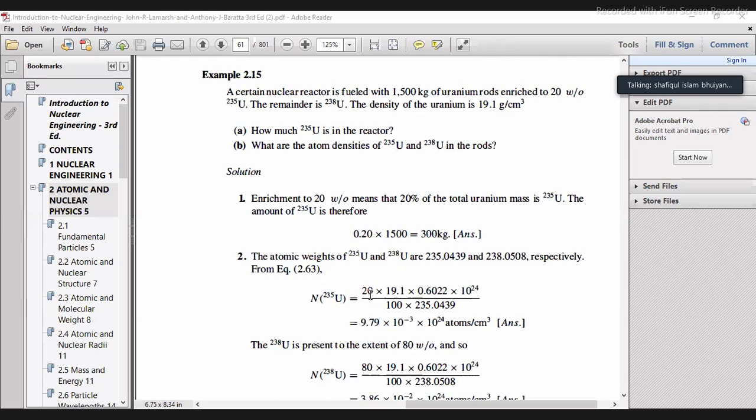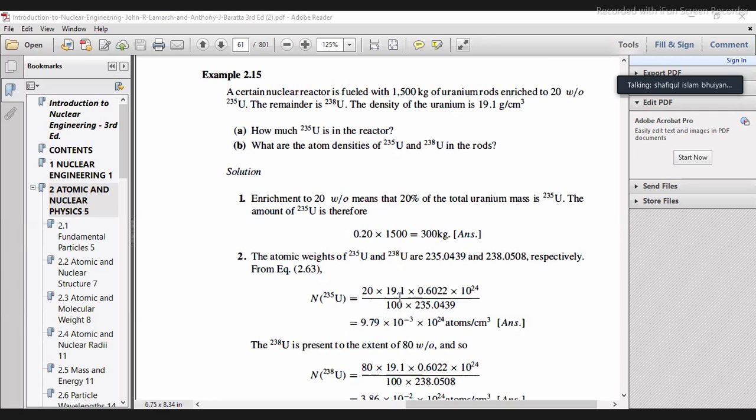This 20 is weight percent, that is 0.20, times rho, where rho is 19.1, times Na, divided by the atomic weight of U-235. And you get the atoms per centimeter cube of the fuel. Okay, so it's very simple, right?